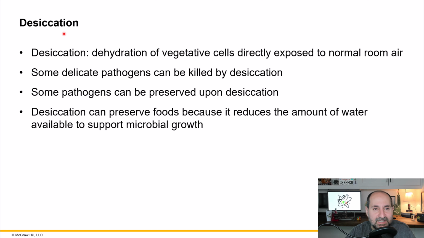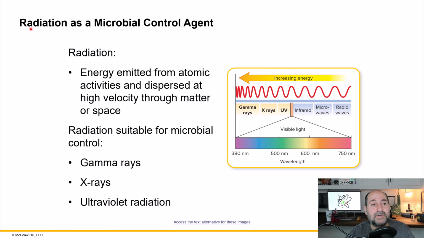You should know what desiccation means. It's drying conditions. Next, we talked about radiation, and we explored some types of radiation in the lab, UV radiation. You should know that you can use gamma rays, X-rays, and UV rays to try to sterilize.